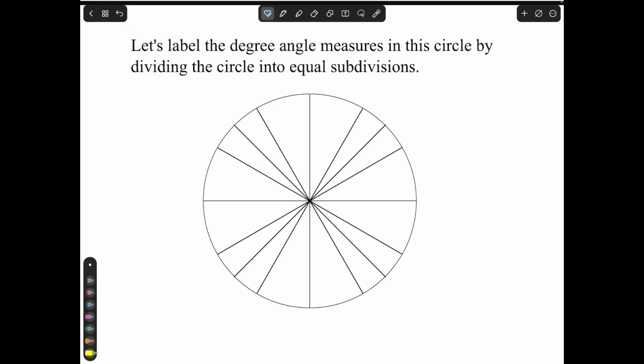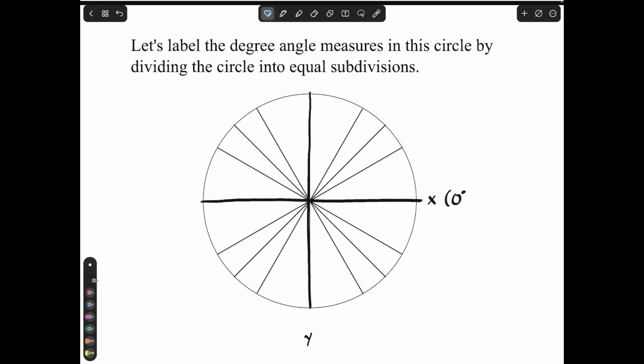When we look at it here, we know that our x-axis runs along horizontally through our circle. This is our x-axis. And then our y-axis runs through our circle vertically, just like this. That's our y-axis. When we're measuring our angles, we usually start with 0 degrees. So over here on the right side, that's 0 degrees.